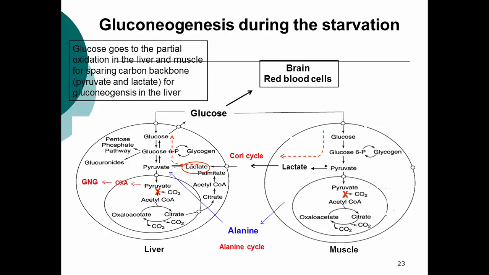And glucose is very important. It's made by the liver during fasting to provide energy for the brain and red blood cells. Again, red blood cells only utilize glucose for energy; they cannot utilize fatty acids or other energy fuels such as ketone bodies. The reason is they have no mitochondria. We're going to talk about that later.